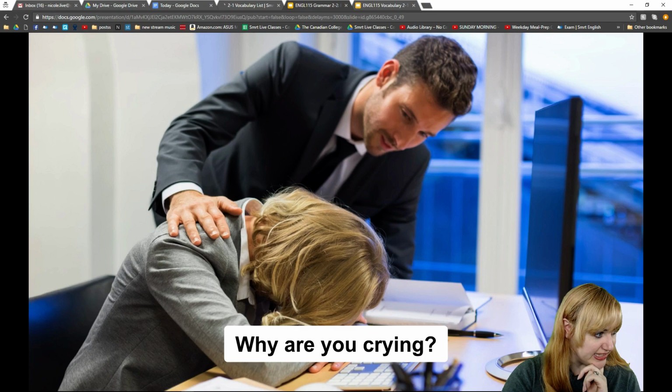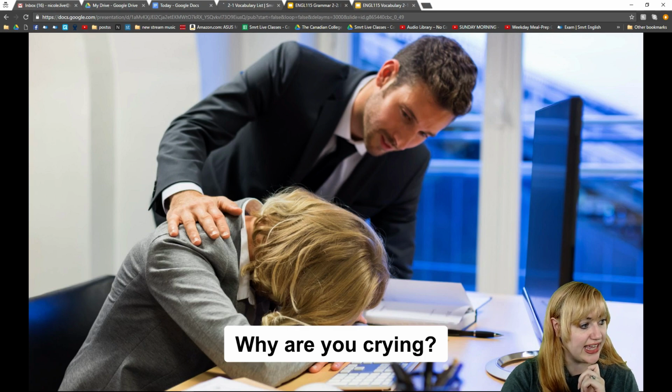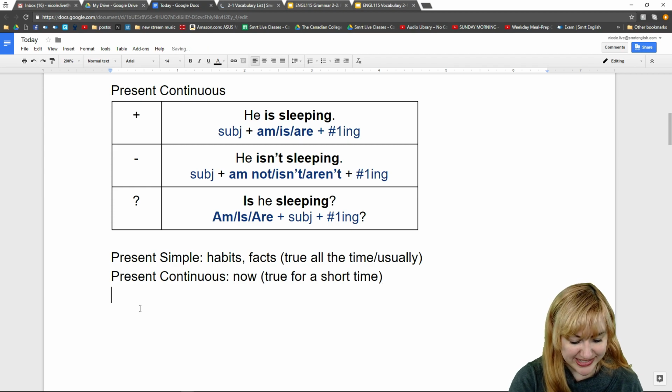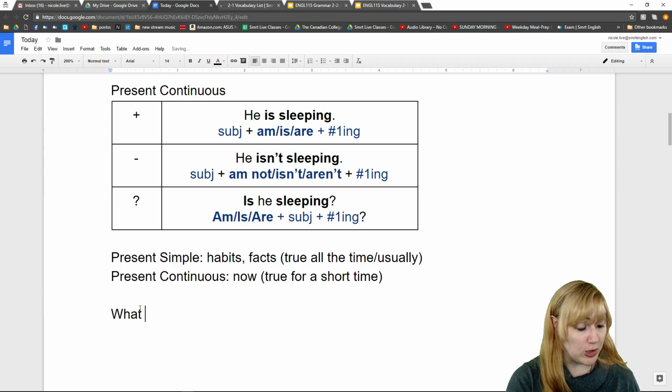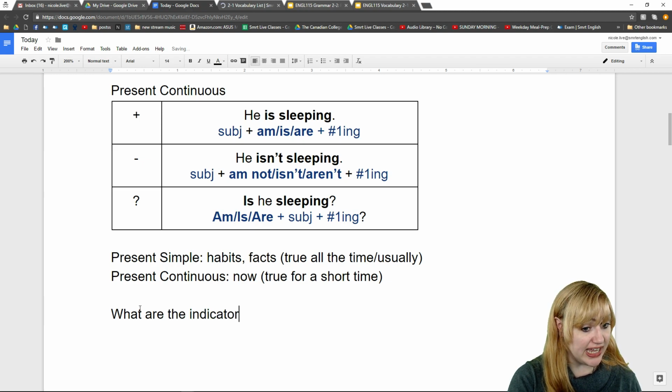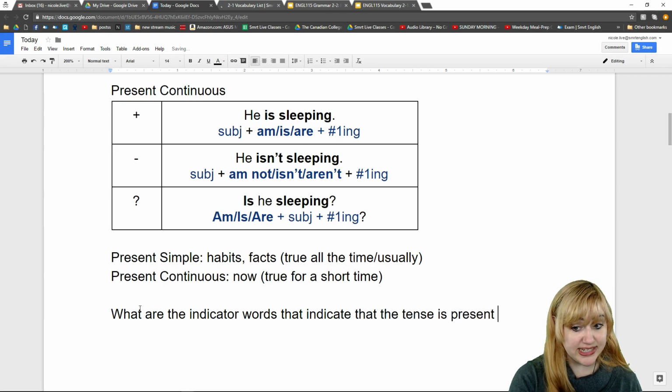Okay, let's see. So what are indicator words that indicate that the tense is present progressive? I'm going to write that question. That's a great question. So let me write this here. This is from Rosa. What are the indicator words that indicate that the tense is present progressive?